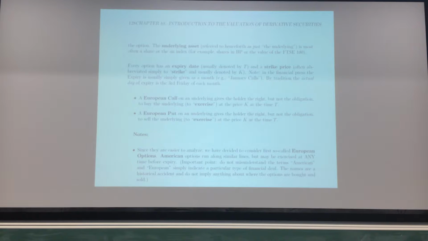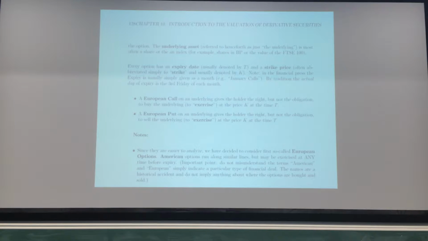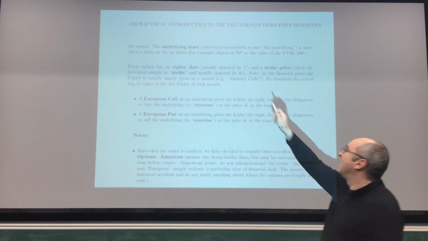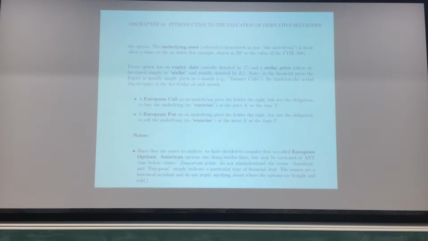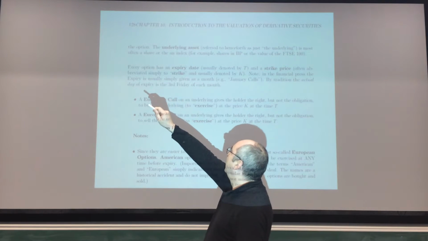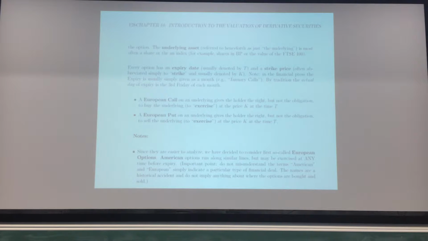It's a trigger value at which you either start to earn money or you don't earn money at all. Expiry is usually given as a month. So when you look it up, you'll see it's a January call or March call or a July call or something like that. And the actual day of each expiry depends on the exchange and what you're trading, but it's often something like the third Friday of each month or the third Friday of the third month or something like that.